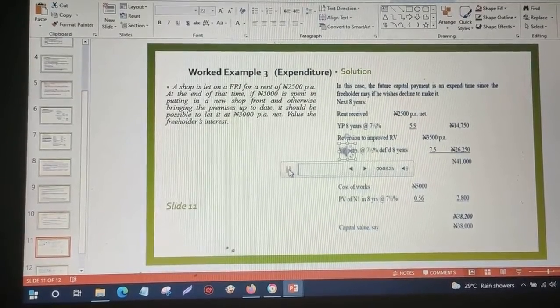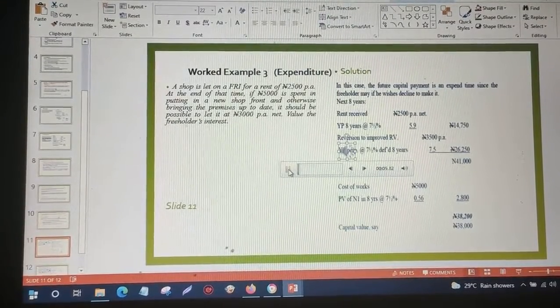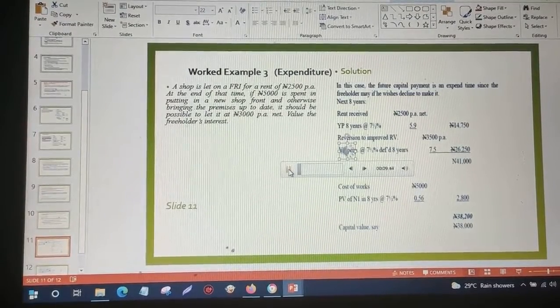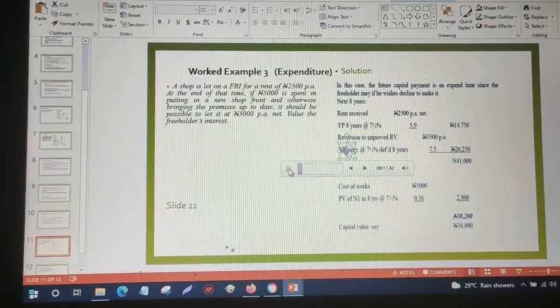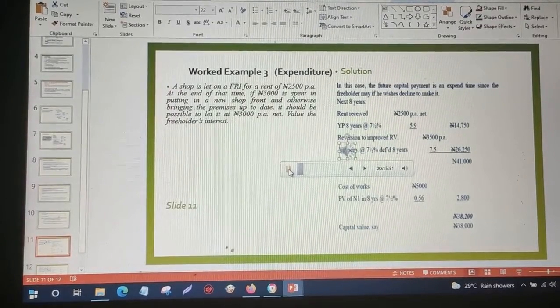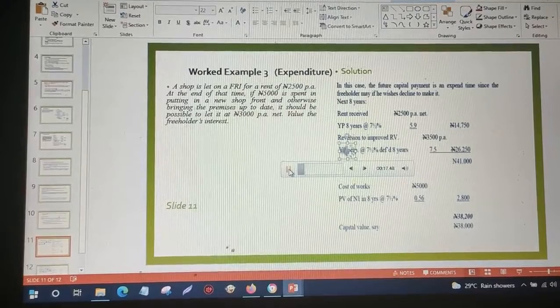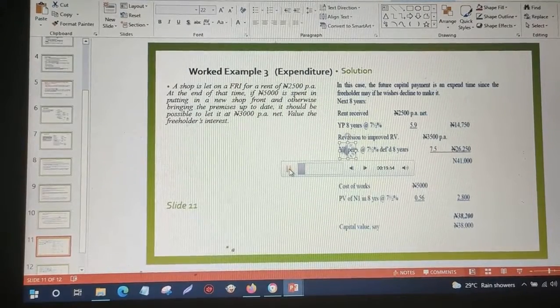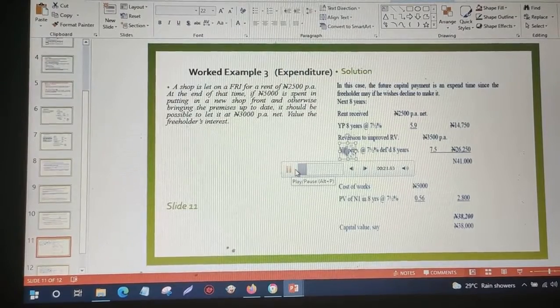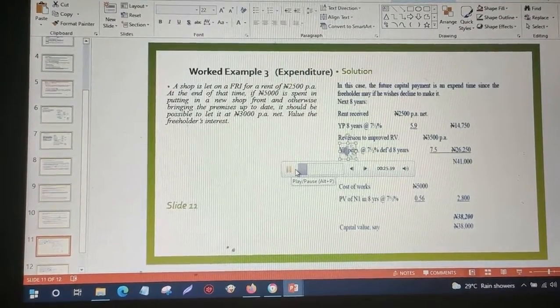Worked example 3 deals with how to account for deferring expenditure, as we have explained before. So if you read the question, you see that a shop is let on FRI. FRI means full repairing and insuring. This for a rent of 2,500.